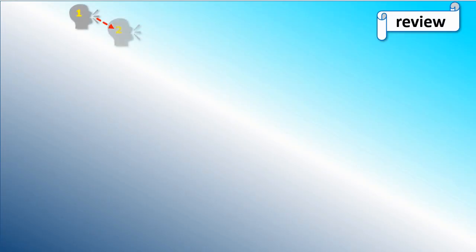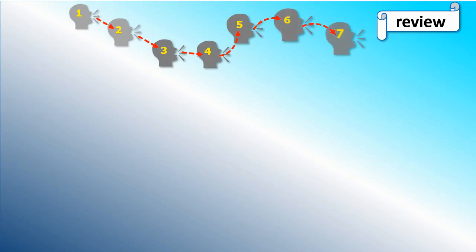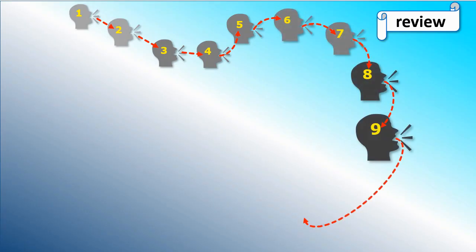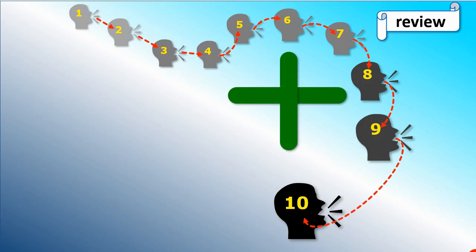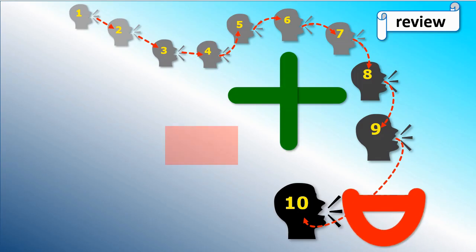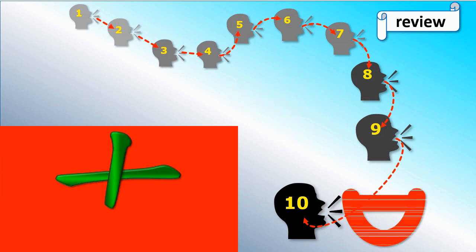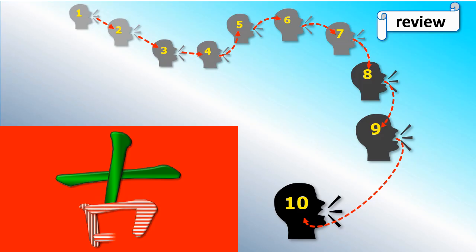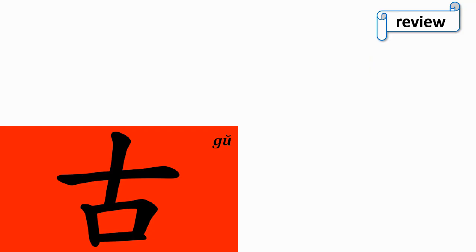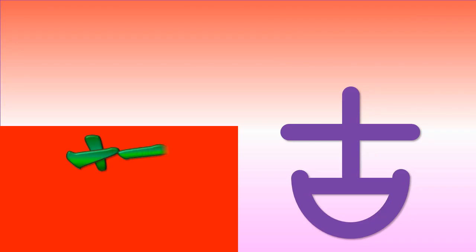Before introducing this character, let's review the character gu from Lesson 15, because it will become the phonetic in our new character. Now you can see that this new character adds the grass radical on top of gu to create third tone ku.